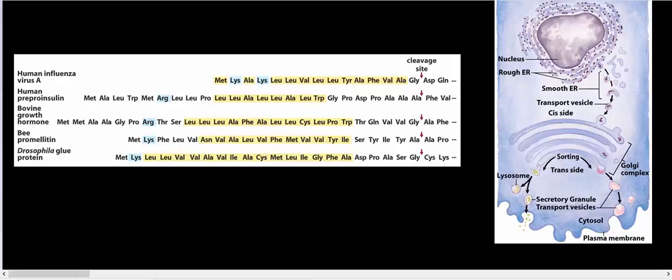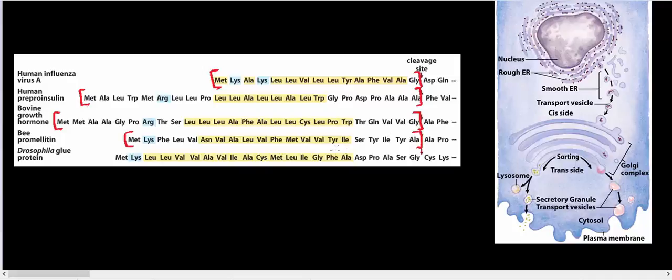Okay, so the signal sequence is highly variable depending on which protein you're talking about. But there does seem to be a commonality in all of this. Let me bracket off the components that I'm talking about. Starting here and going there, starting here and going to here, and you could keep going on and on like this. What it really seems to be is a sequence of about 16 to 20 hydrophobic amino acid residues.